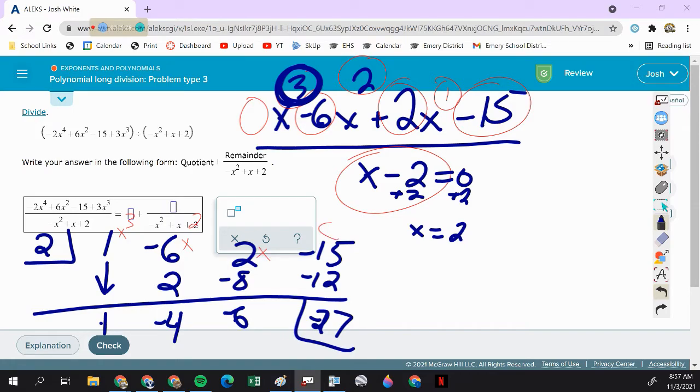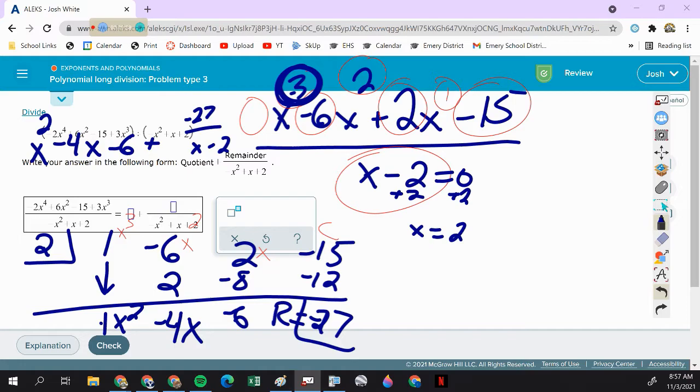But I divided all of those by x, so now this is x squared minus 4x minus 6, remainder negative 27. Does that make sense? So I started with x to the third, which means I end with an x squared. So the answer is x squared minus 4x minus 6 plus negative 27 over x minus 2.